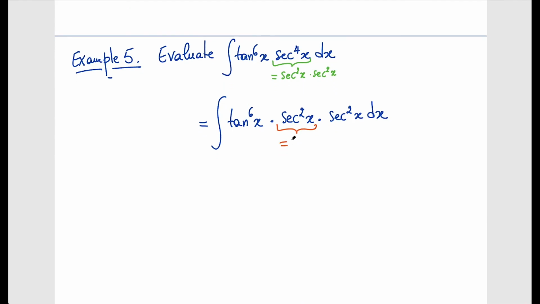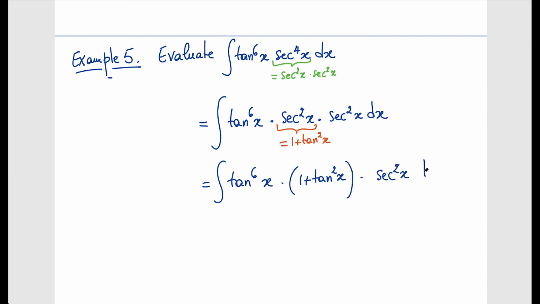So secant squared x is 1 plus tangent squared x. As such, this becomes the primitive of tangent to power 6x times 1 plus tangent to power 2x times secant squared x dx.